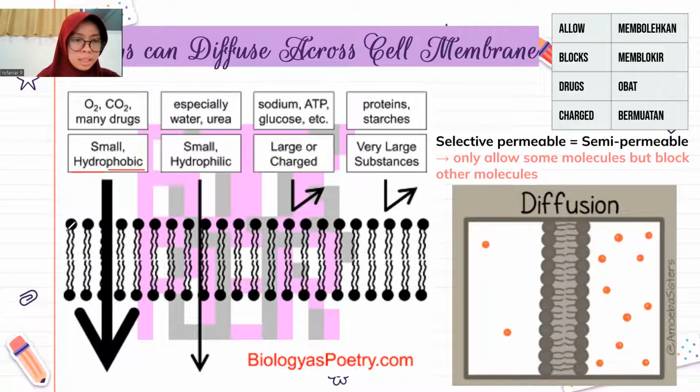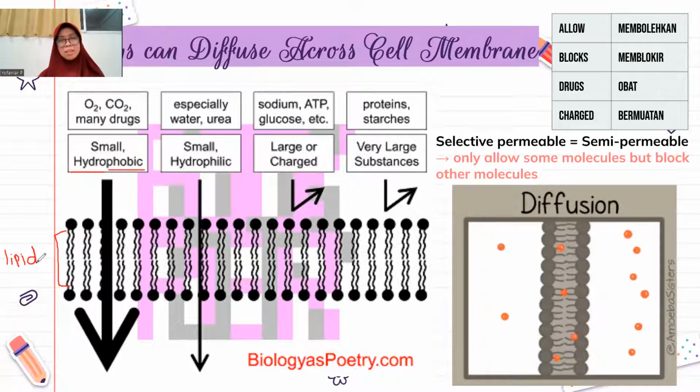We need to know that this part of the cell membrane, the tail of the cell membrane, is made of lipid. What is lipid? Lemak or fat. Are lipid or fat a friend of water? No, right? Mereka kan nggak bisa menyatu ya kalau sama air.